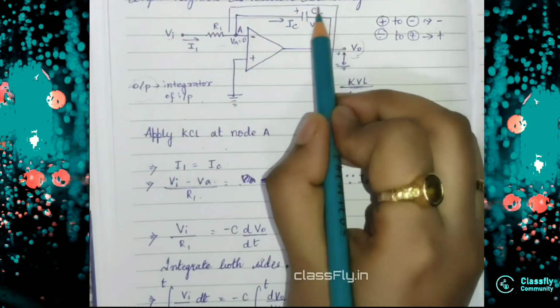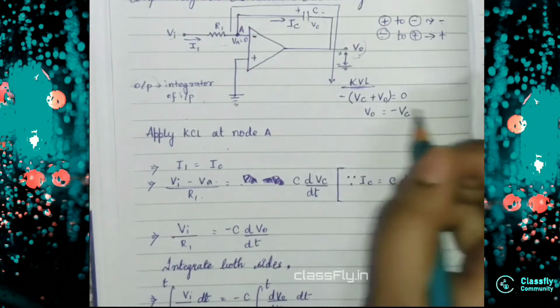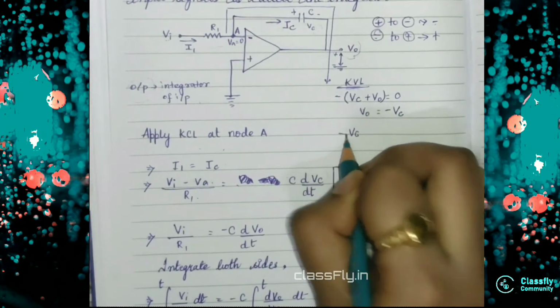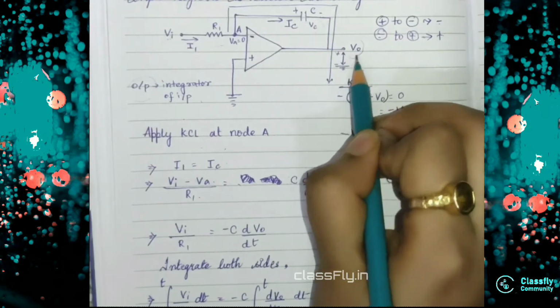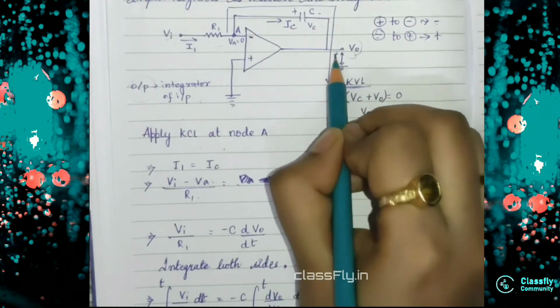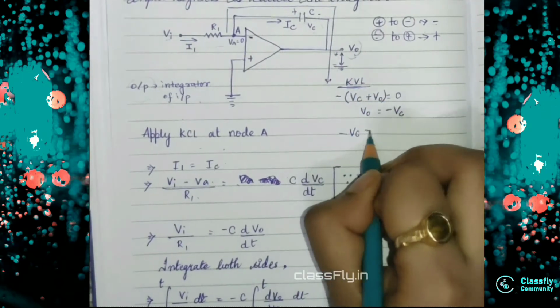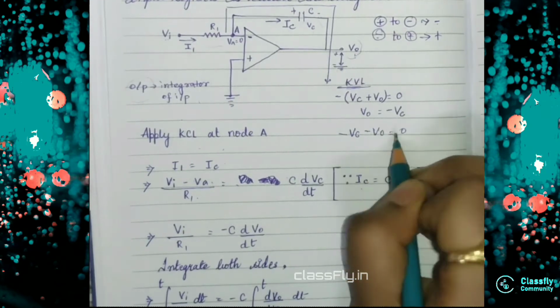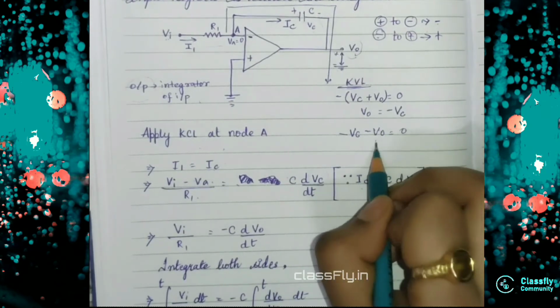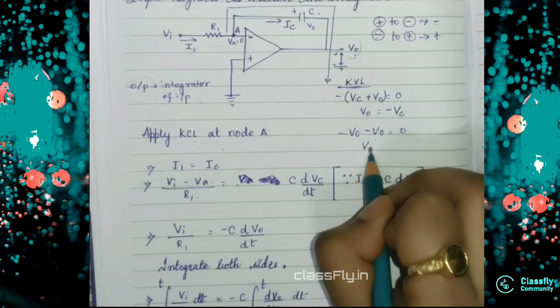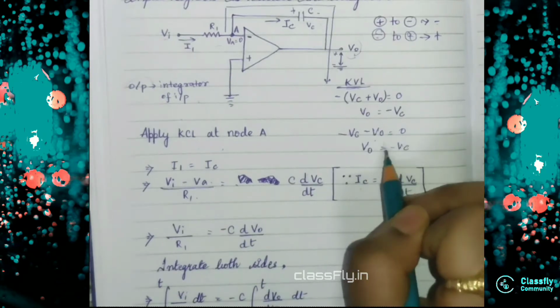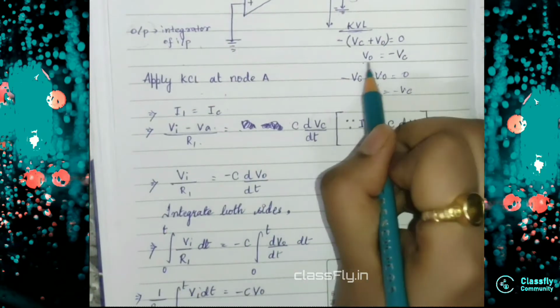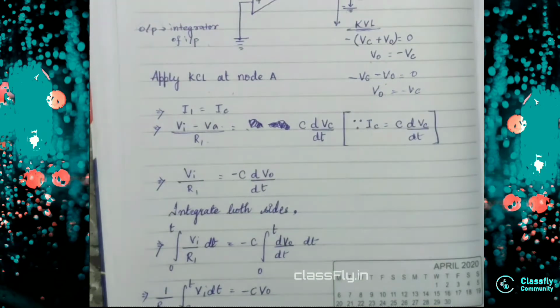So clearly my VC will be negative, and V0, going from positive to negative similarly, will also be negative. When I take this V0 to the other side, it becomes V0 minus VC, so I have written that V0 is equal to minus VC.